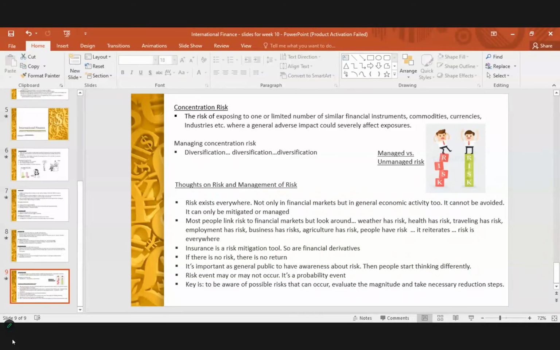Explain to me where exchange rate risk is, where liquidity risk is, where concentration risk is, and where cash flow risk is. Let's go through that as an exercise. I will open a spreadsheet on this. Think it through.